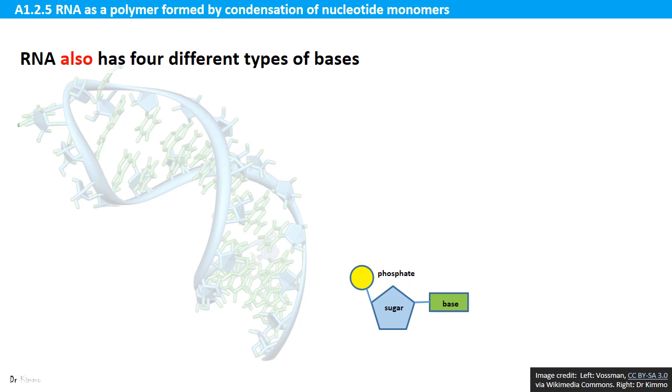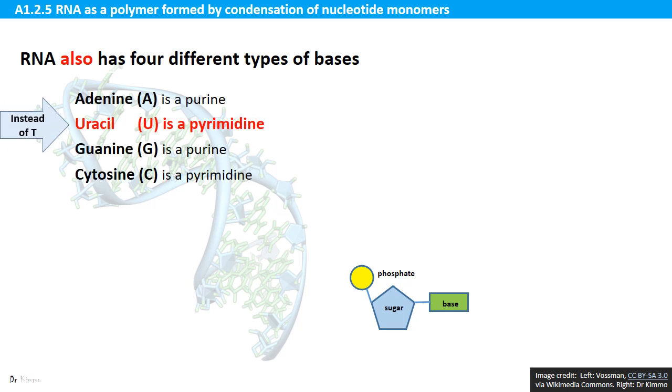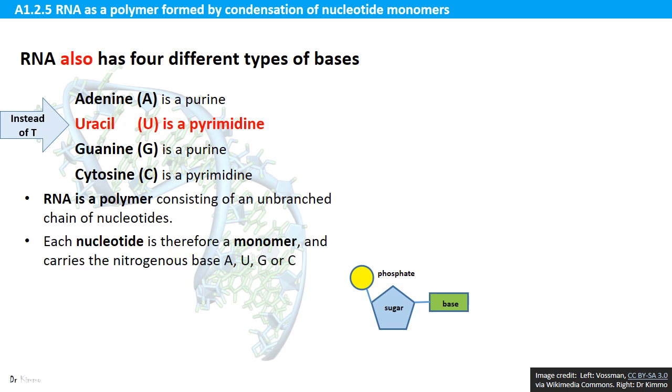RNA also has 4 different types of bases. Instead of T, there's U, uracil. Uracil is a pyrimidine. RNA is a polymer consisting of an unbranched chain of nucleotides. Each nucleotide is therefore a monomer and carries a nitrogenous base, either adenine, uracil, guanine, or cytosine.